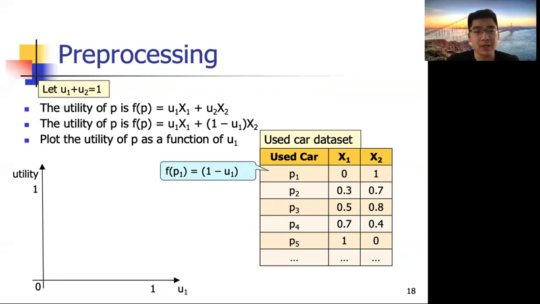For example, the utility of P1 can be represented as 1 minus U1. Then we can draw a line segment in this figure to show the utility of P1. Similarly, we could draw a line segment for each other used car.